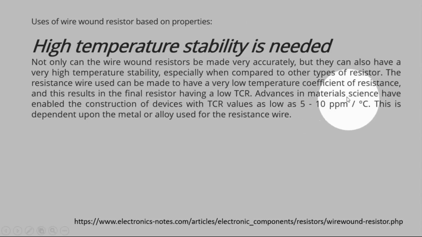With advances in material science and engineering materials, devices have been constructed with a temperature coefficient of resistance as low as 5 to 10 parts per million per degree Celsius. This is totally dependent on the metal or alloy used for the resistance wire.